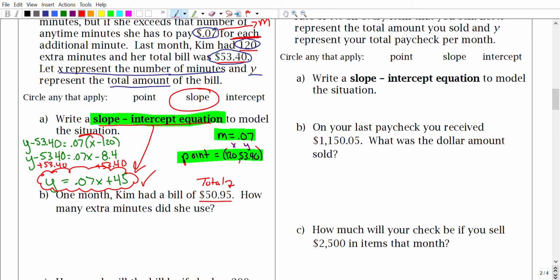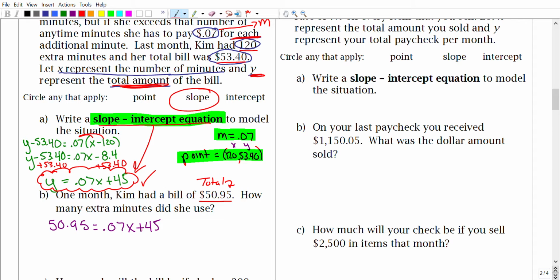Okay, and we said that y represents the total. So what I'm going to do is substitute that 50.95 into my y from my slope-intercept form. So I'm going to have 50.95 equals 0.07x plus 45.